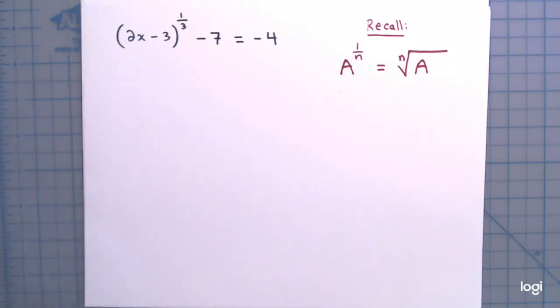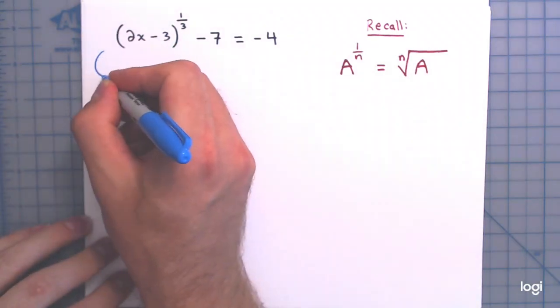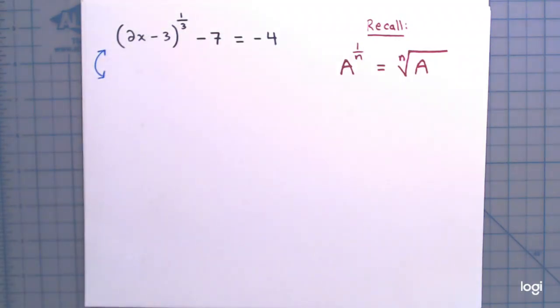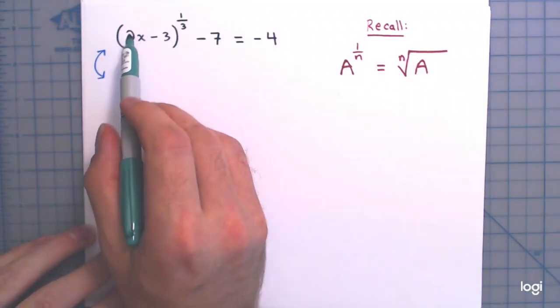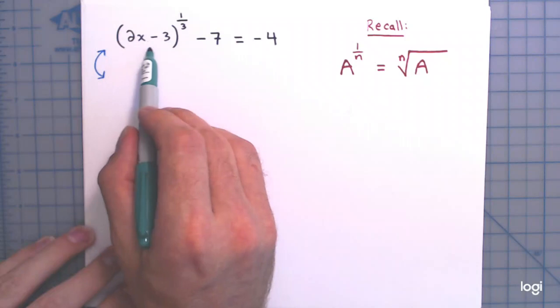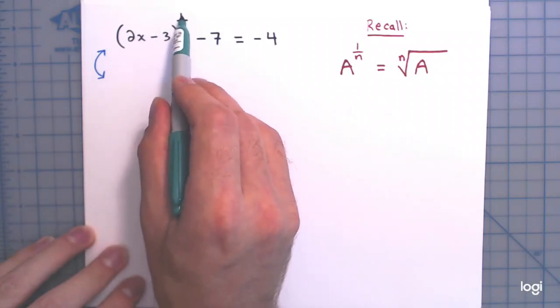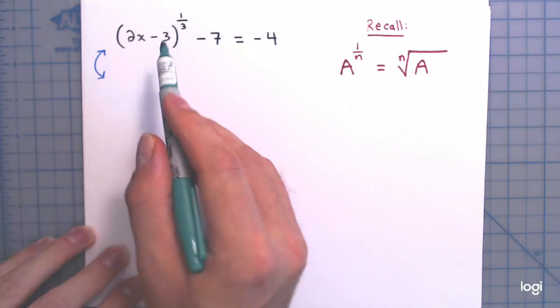In fact, I'm going to change this to its equivalent radical form, where there's an actual radical symbol. So that would be the following. This base 2x minus 3 is raised to the 1/3 power, so that's the same thing as the cube root of 2x minus 3.